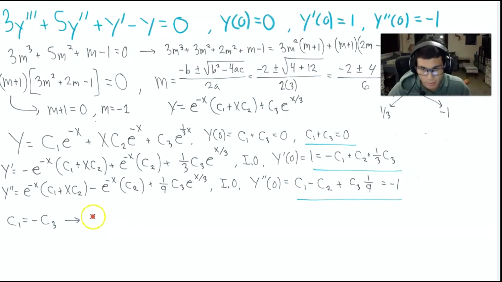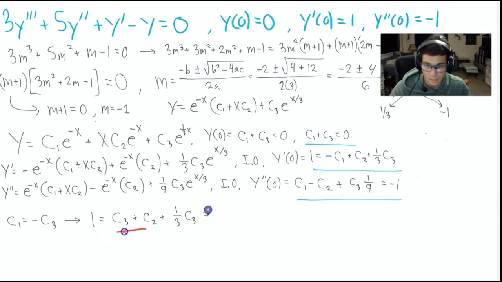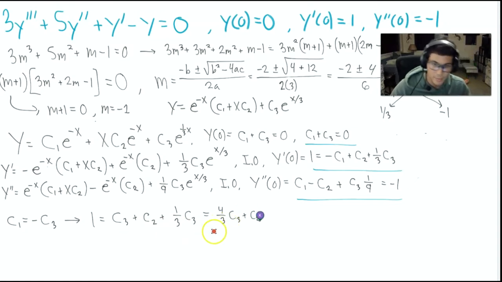Okay, and if we put this into, let's say this one, let's see what happens. It'd be 1 is equal to negative C1. So imagine there's a negative on this side, then this would be C3, right? So it'd be C3 plus C2 plus 1/3 C3. Okay, and then you could add these C3s together, which would get 4/3 C3 plus C2.